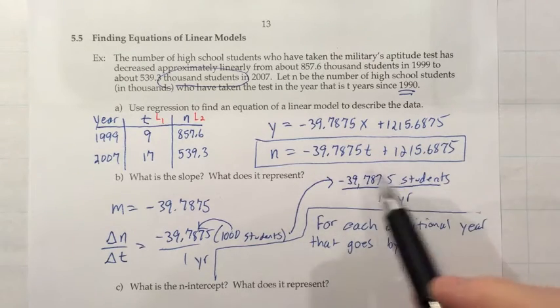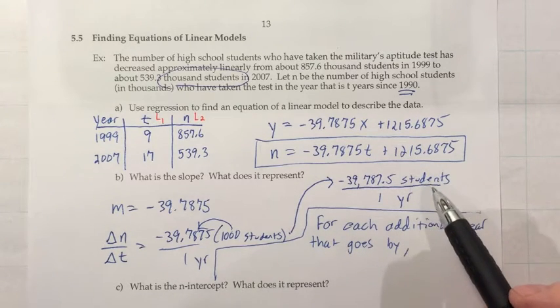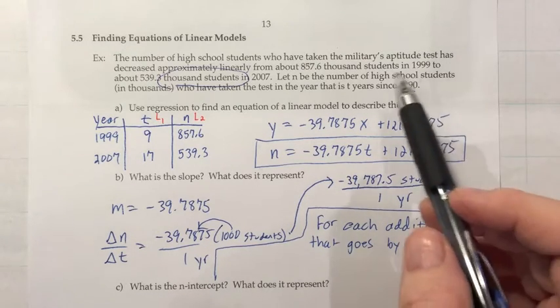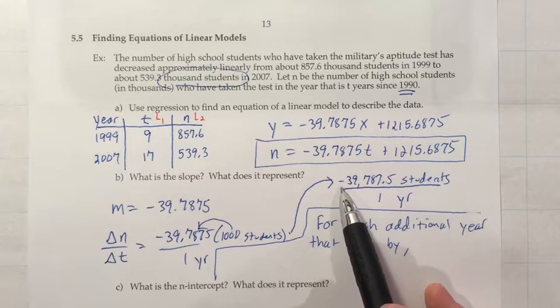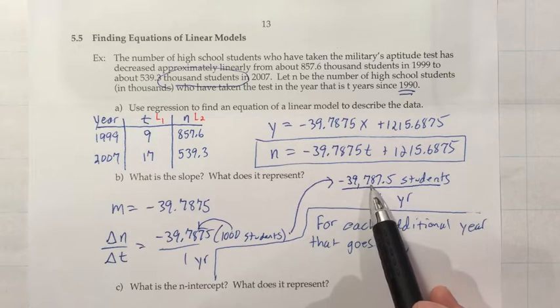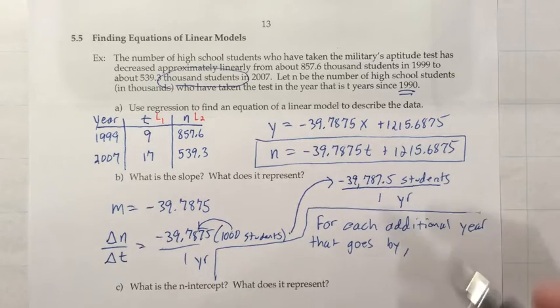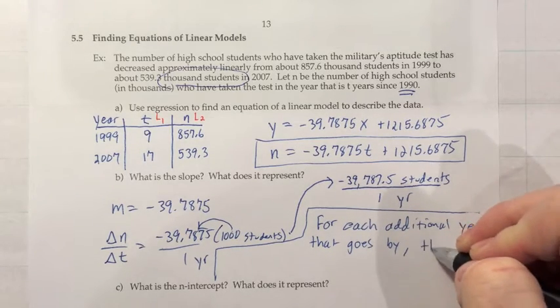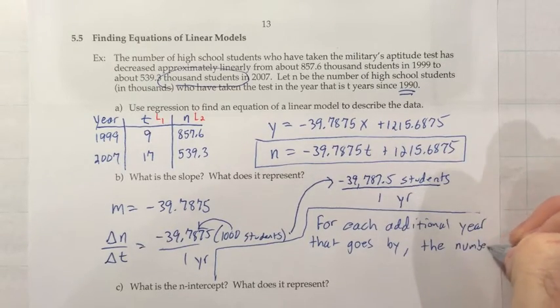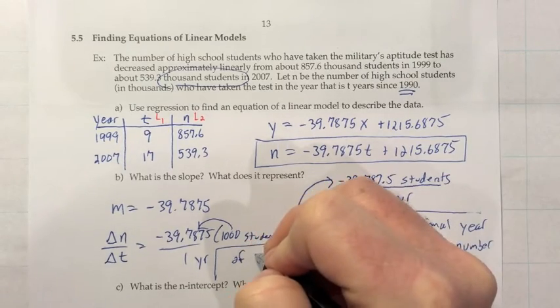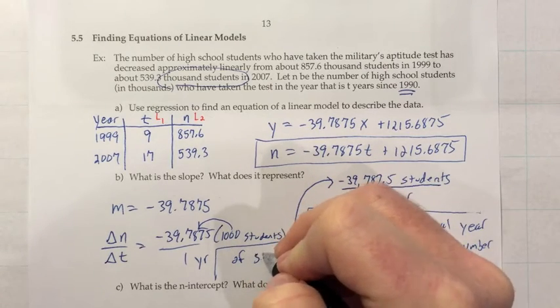And then the slope, the numerator part, tells us what's happening to the number of students that are taking the military's aptitude test. And that is decreasing because it's negative by 39,787.5 students per year.